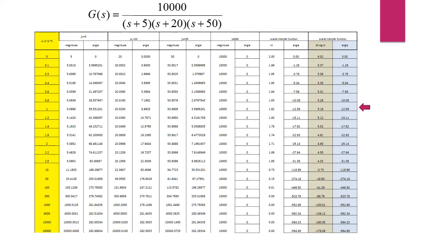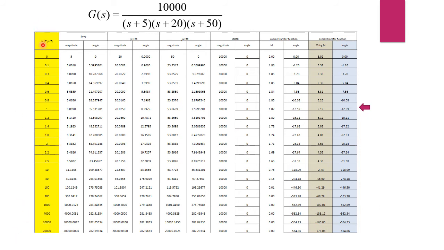So at the end, in total, for this transfer function G(s) equal to 10,000 divided by (s plus 5)(s plus 20)(s plus 50), you'll get this kind of table. For the moment, we will only look at up to this part. Here on the left hand side is the table that you need to do.